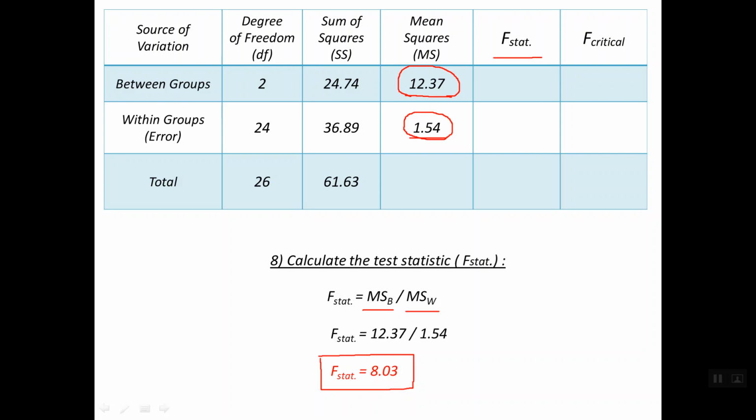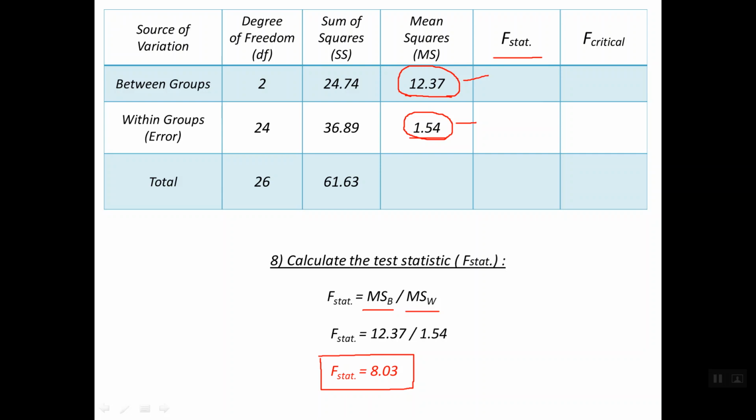As the value of the F-statistic becomes larger, the probability of rejecting the null hypothesis increases, which means as the value of the mean square for treatments becomes greater and the value of the mean square for the error becomes lesser, the value of F becomes larger.